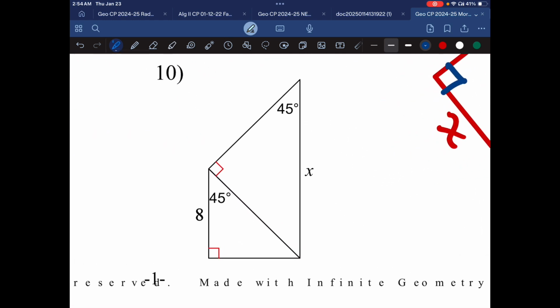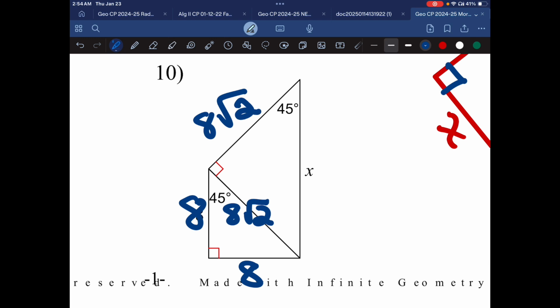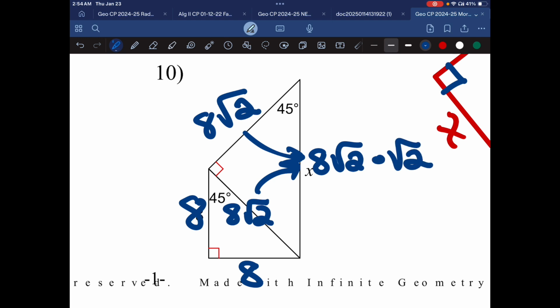And number 10, so if this is 8, this is 8, this is 8 square root of 2. Therefore, the other leg is 8 square root of 2. Therefore, this hypotenuse is this times the square root of 2. So you get 8 times 2, which is 16.